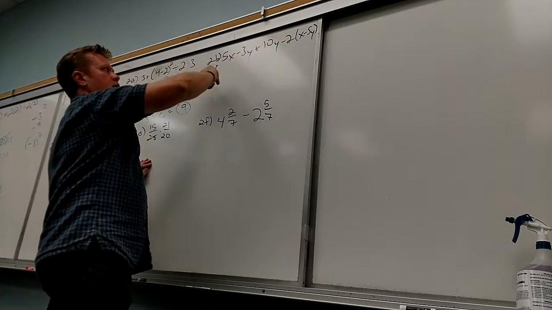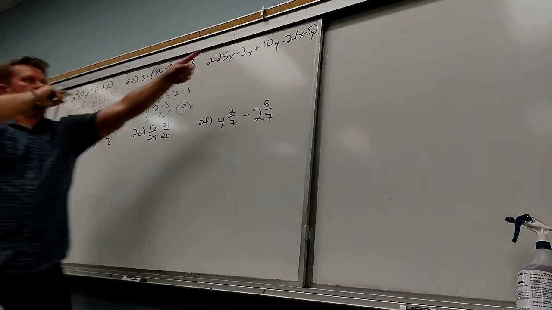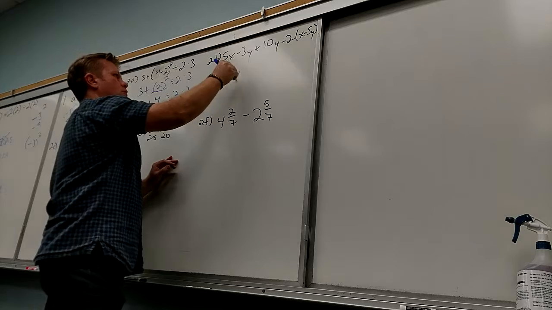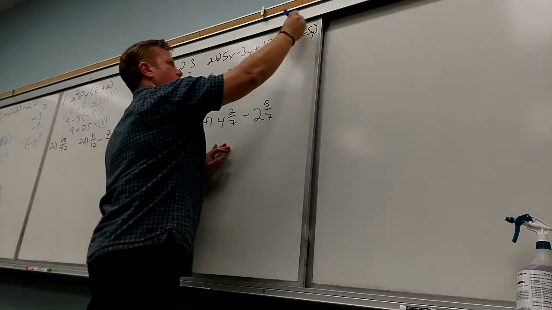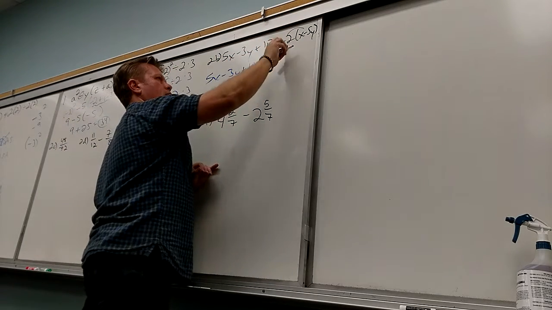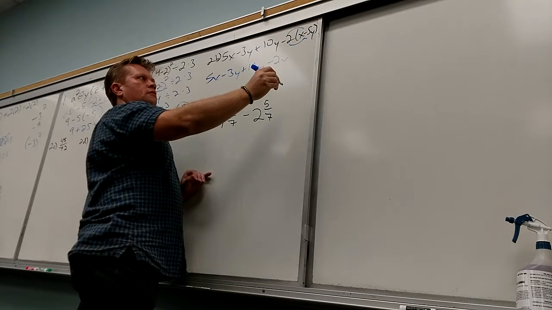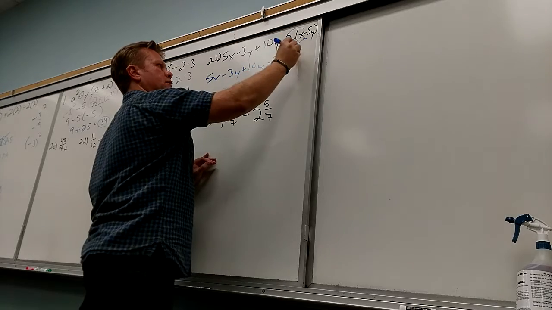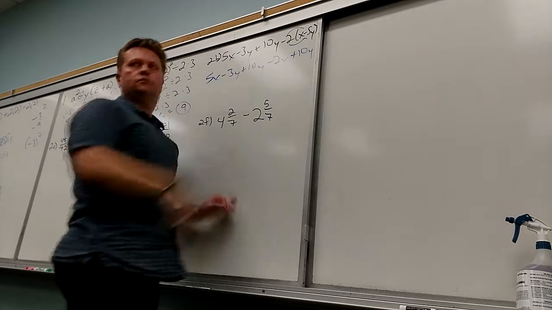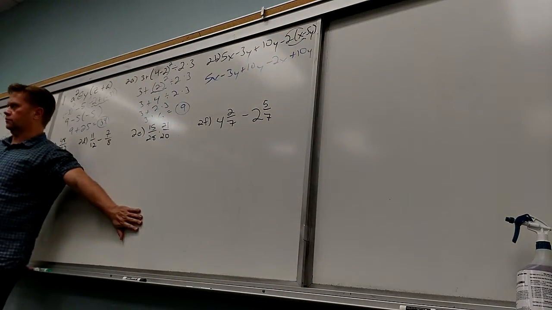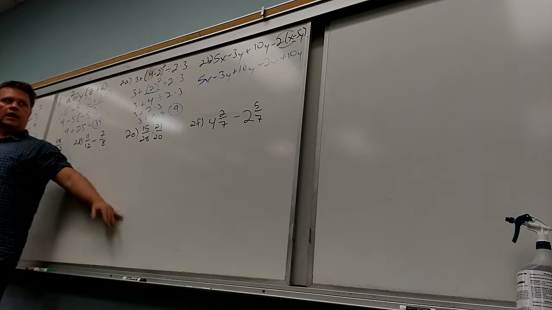What do I want to do first here? Yeah, distribute. So I get 5x minus 3y plus 10y minus 2x plus 10y. Yeah, it's so easy to miss that. You're distributing negative 2. And now you just do what?